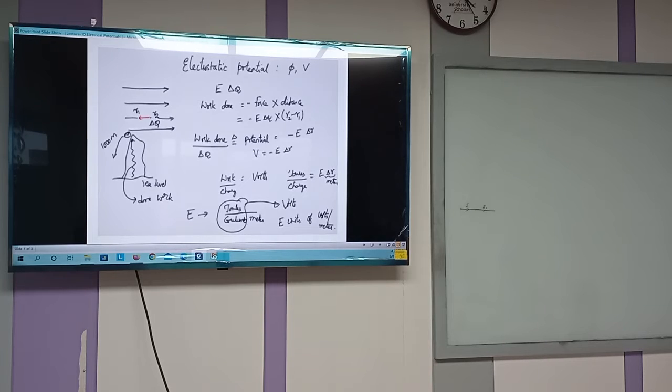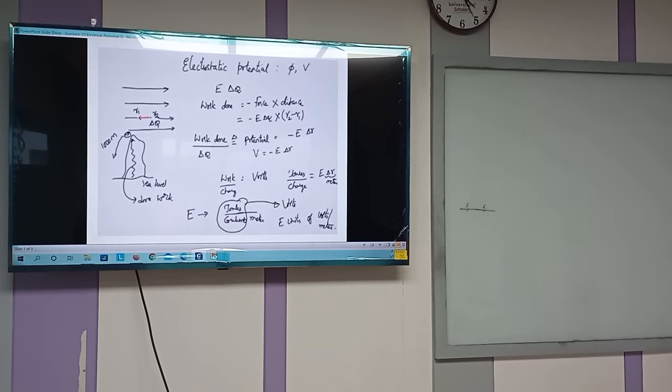I am taking a test charge del Q, right? And I am going to move this test charge from R2 to R1. So if I want to move the charge at R2 to R1, what will happen? My electric field is uniform over here, right? Which means its magnitude is not changing and its direction is always along the horizontal to the right.